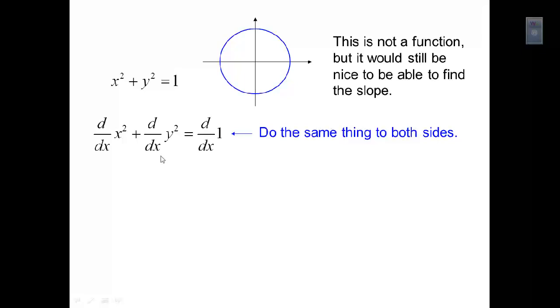If you want to write y prime, that's fine. Just make sure you don't lose the prime or mistake it for a y. It's the derivative of y. And d/dx of 1, what's the derivative of 1 with respect to x? It's going to be 0.